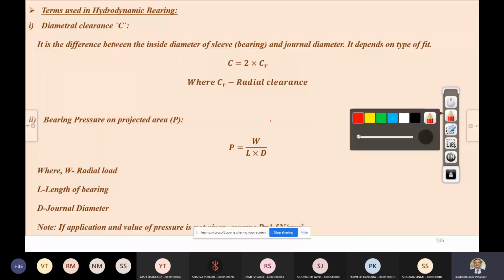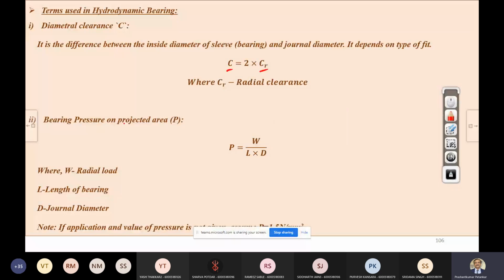Now regarding the bearing pressure, whatever pressure is generated in your lube oil, how are you going to calculate it? Suppose capital P is the notation for the bearing pressure, then it is calculated using this formula: P equals W upon L into D. Why am I using this relation? Let me clarify.